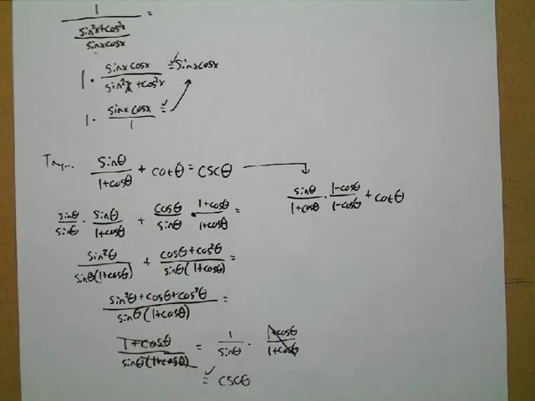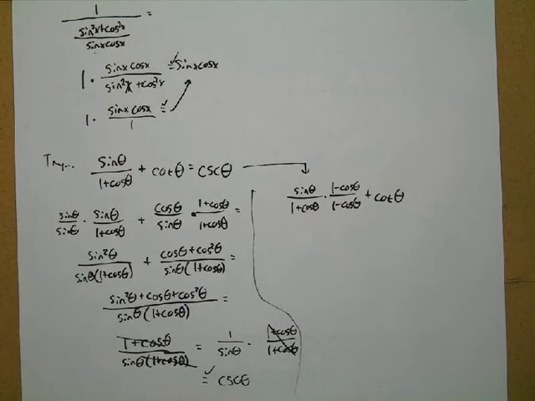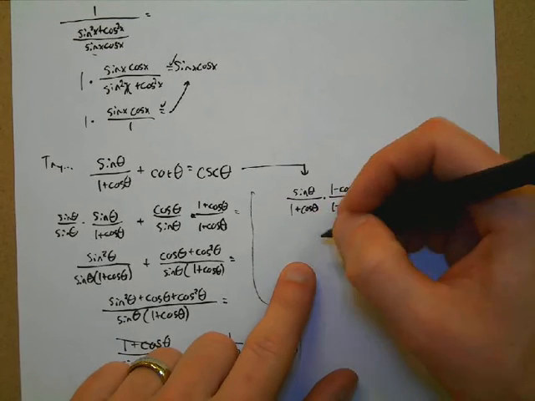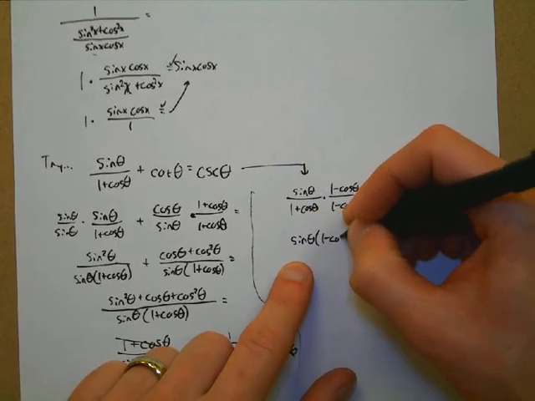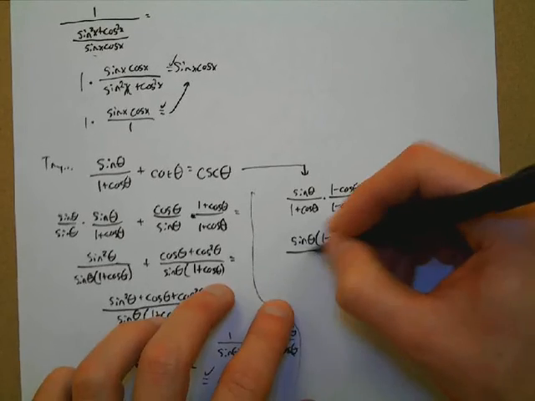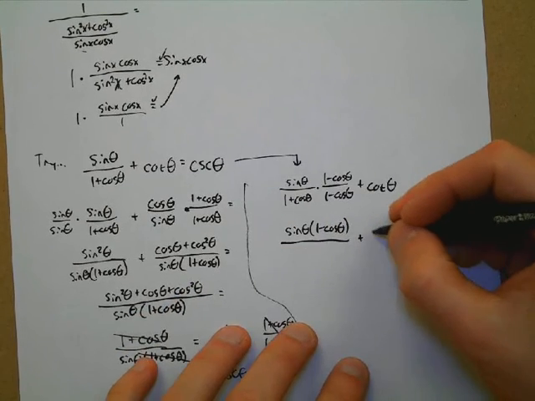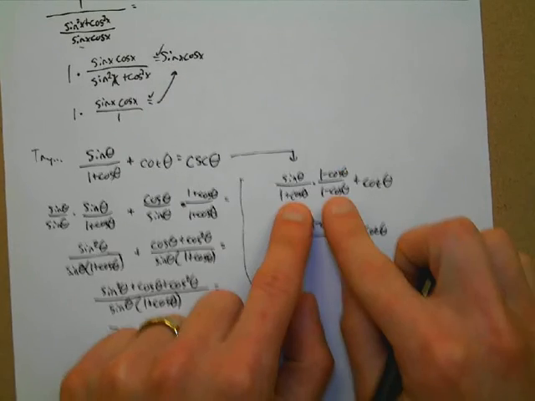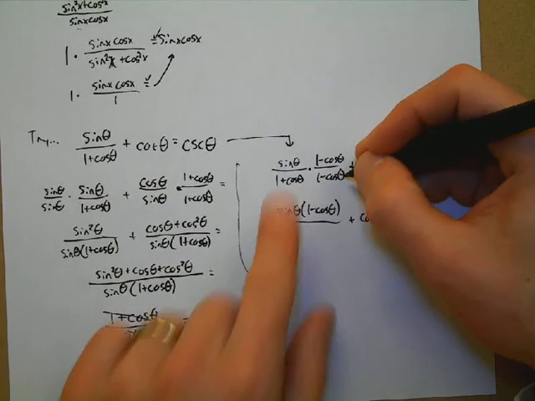If you FOIL it out, you would see that that's what you're going to get here. You get 1, you have minus cosine theta, you have plus cosine theta, so those will cancel, and then minus cosine squared. Why is this significant? What's 1 minus cosine squared of theta? Sine squared. So this is just, again, an alternative way of approaching these. Sine over sine squared.